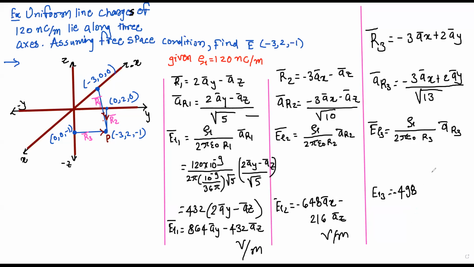Minus 448.45... 98.45 a bar x, plus 332.3... 333.3 a bar y. Correct. Volts per meter.